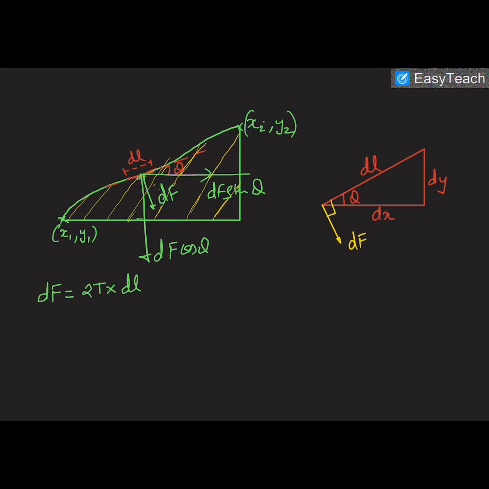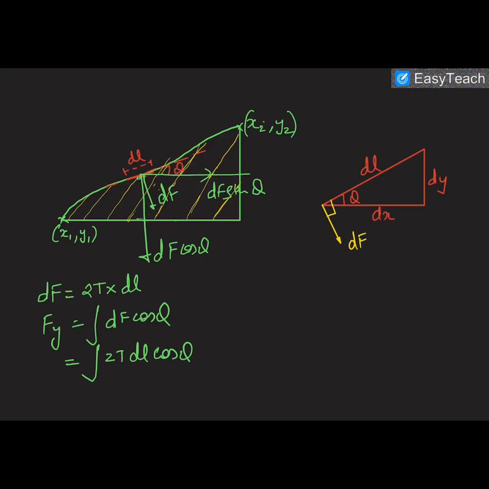So this is df, and Fy will be equal to the integration of df cos theta, and the value of df is 2T dl cos theta.